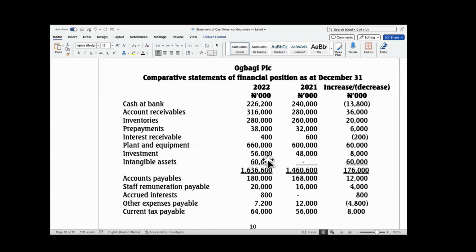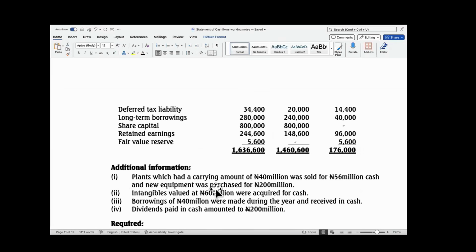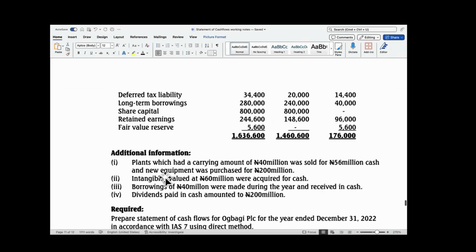Let's continue. So this one, the 60,000 increase, intangible assets were acquired for cash. So this one, we'll cancel it out.